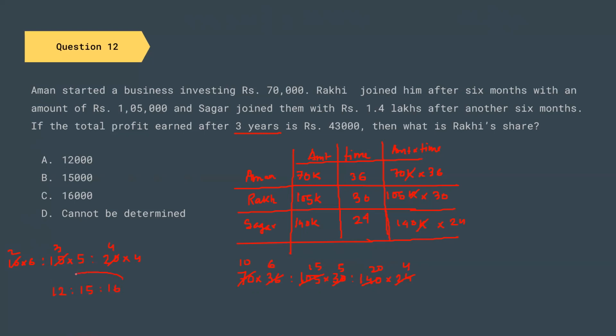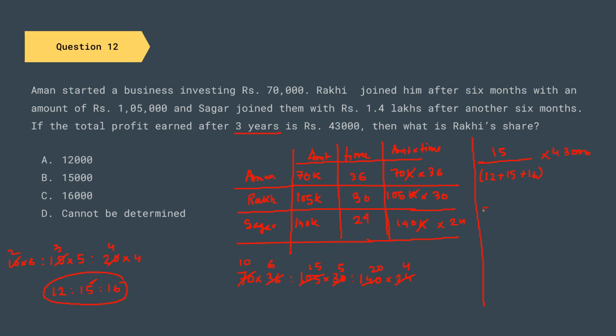Now that we have found this, what will be Rakhi's share if the profit is 43,000? The amount of profit that Rakhi is going to earn will be her share, 15 out of the total share, that is 12 plus 15 plus 16, of your total 43,000.